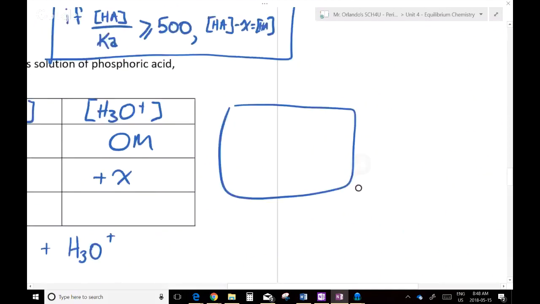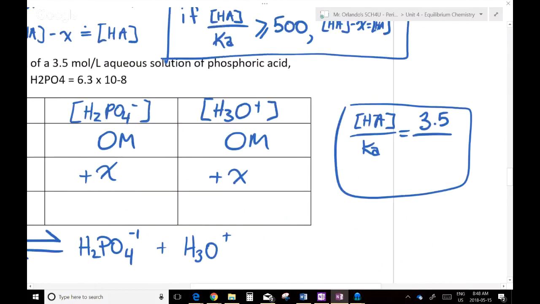So let's go to the side and test that. All we do is concentration of HA divided by the Ka for this reaction. And the concentration of HA is 3.5. And what's the Ka for H3PO4?